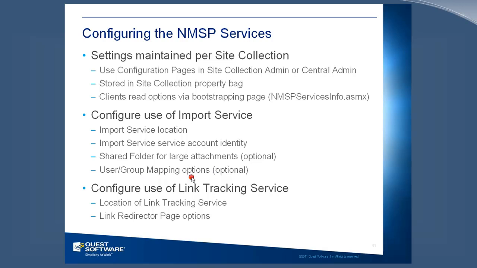It's just the same thing configured on the server side. And then you can also configure the link tracking service and enable that for a particular site collection. You can do fancy things like you can specify an unusual location for your redirector page for that particular site collection, and so on.